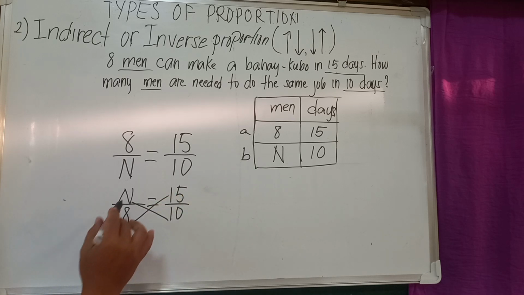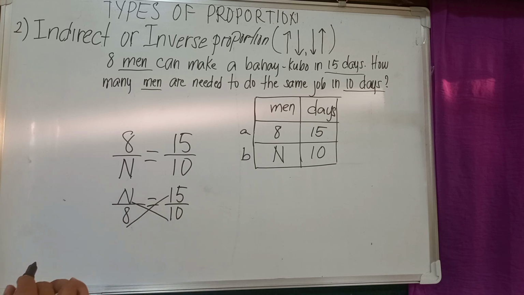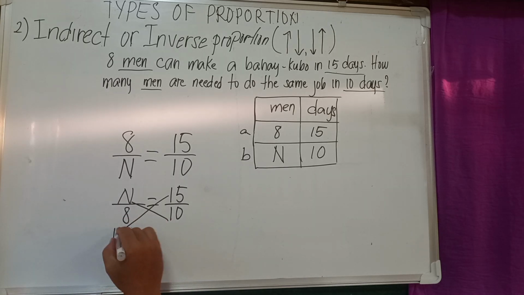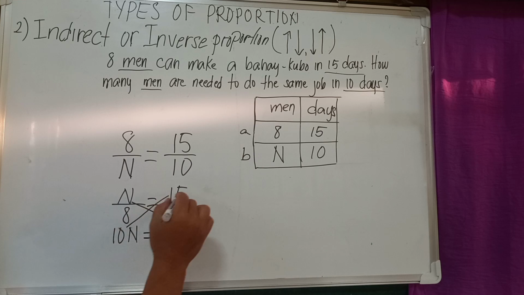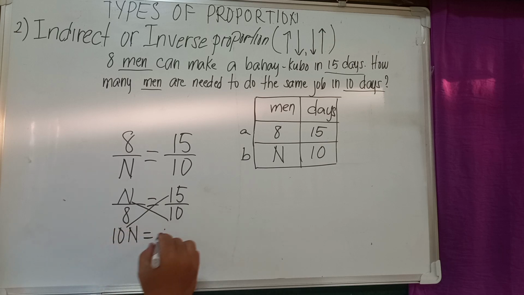Let us answer. N times 10. Yan ang sinabi natin, variable times a number. Pagsamahin lang natin. So, n times 10, that is 10n equals 8 times 15 is what? 120.